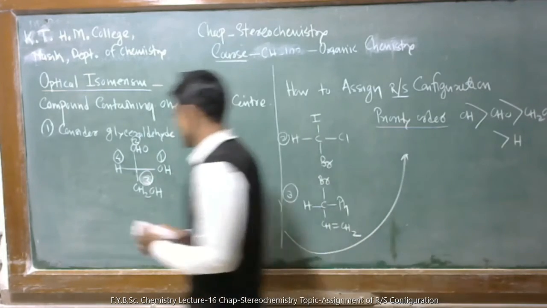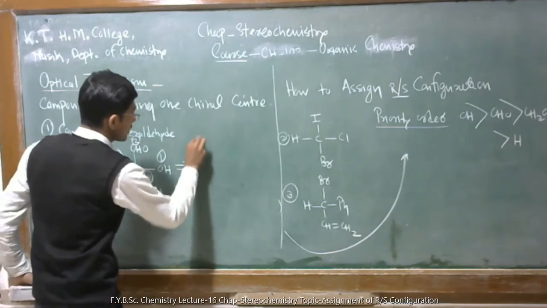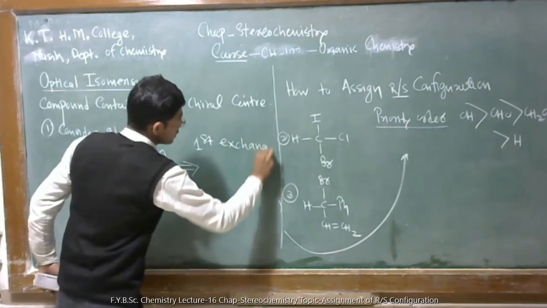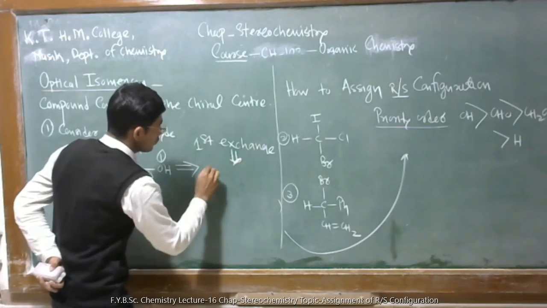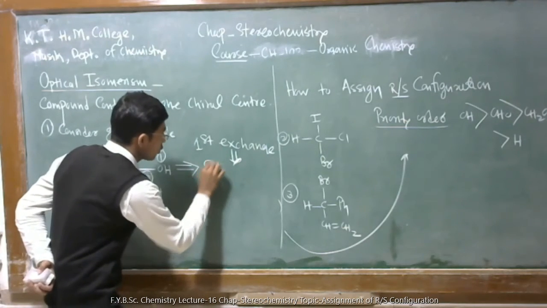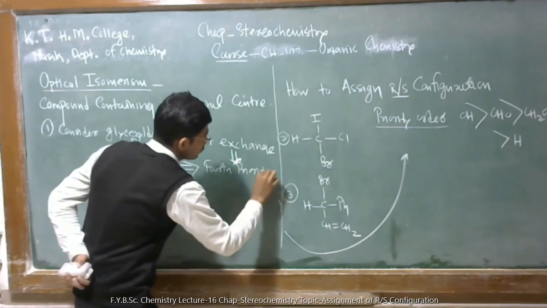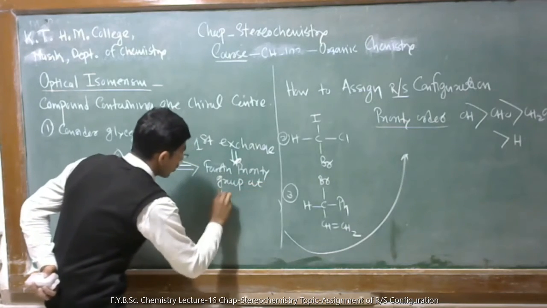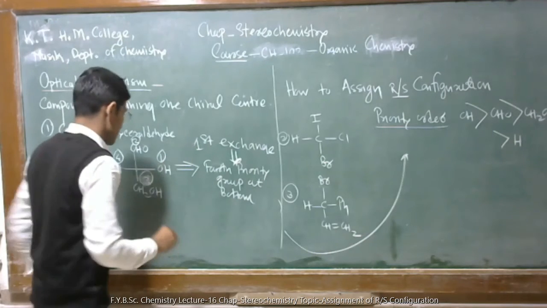So during the first exchange, you have to rearrange the groups in such a way that the fourth priority group is at the bottom. This is the first exchange.